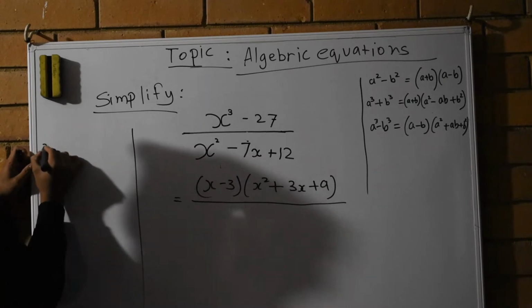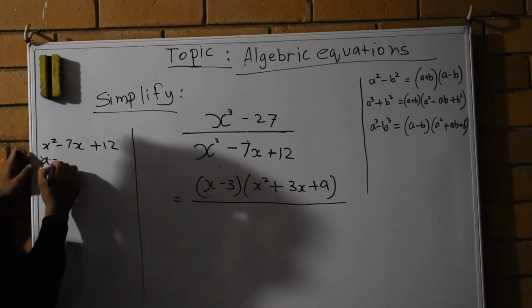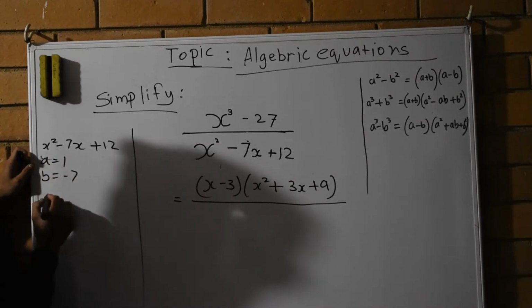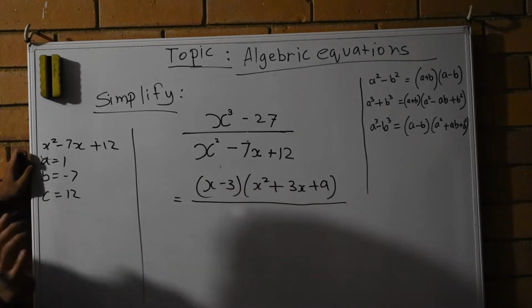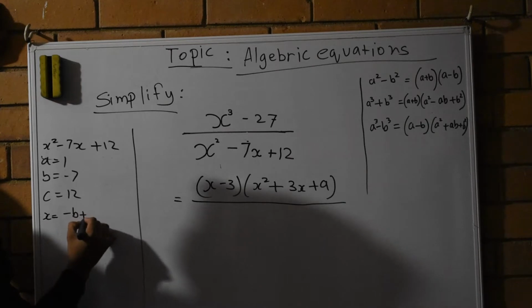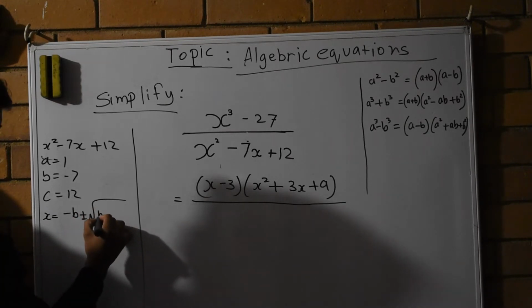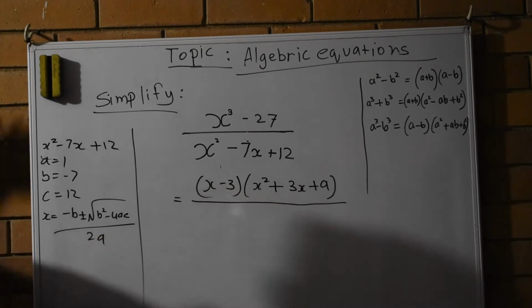So it will be x squared minus 7x plus 12, and then a would be 1, b negative 7, c would be 12. The quadratic formula is x equals negative b plus or minus the square root of b squared minus 4ac, all over 2a.